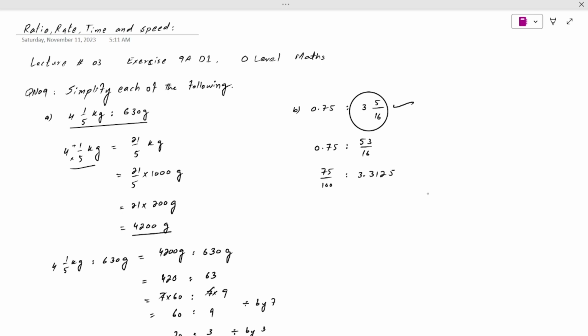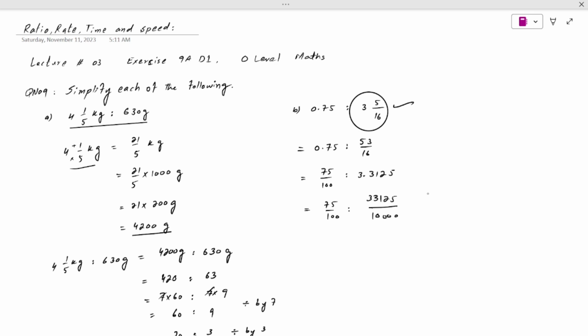Now we can convert this decimal into a fraction like this: 75 over 100 ratio 33,125 divided by 10,000, because we have four digits after the decimal point, so we put four zeros after 1 in the denominator.